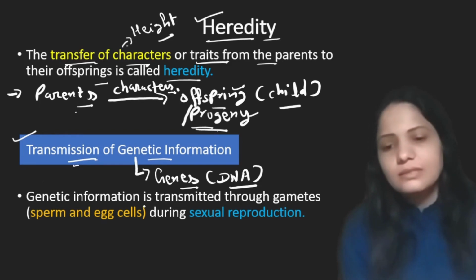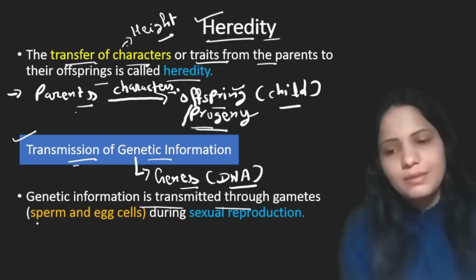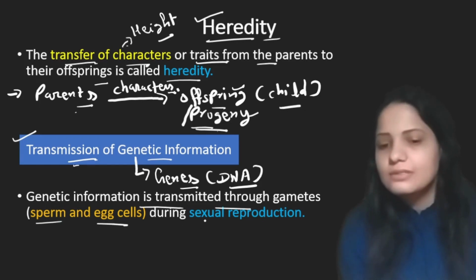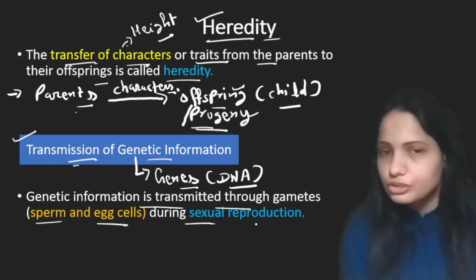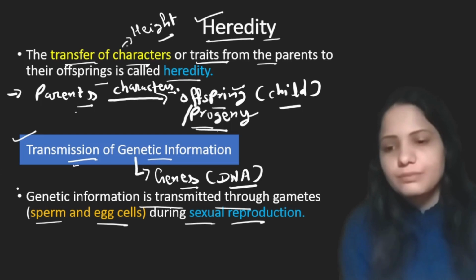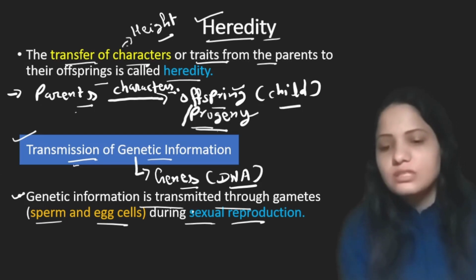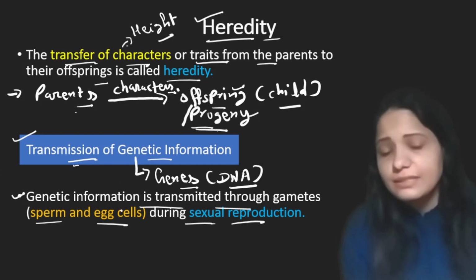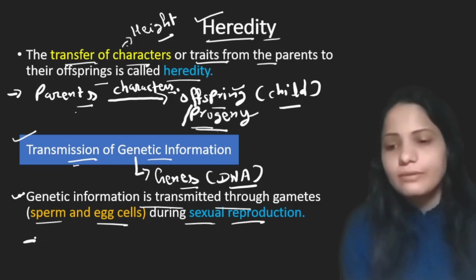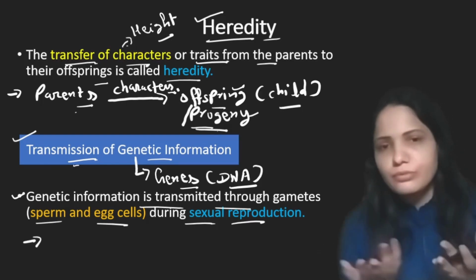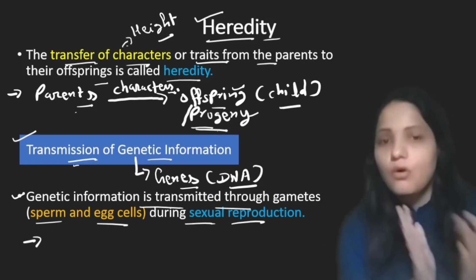Now, genetic information is transmitted through gametes, sperm and egg cells, during sexual reproduction. This you have read in your reproduction chapter. Now we know the definition of heredity. Heredity is the transfer of genetic information from parents to offspring.